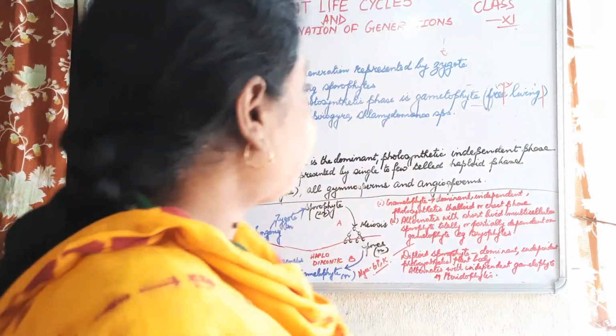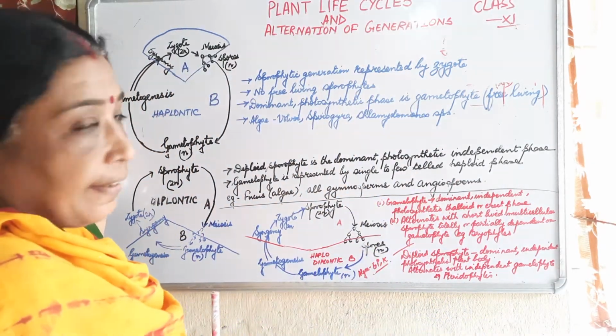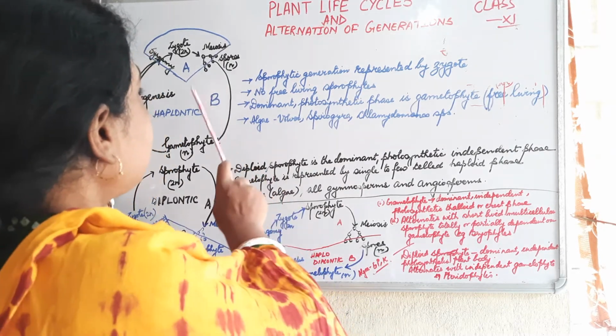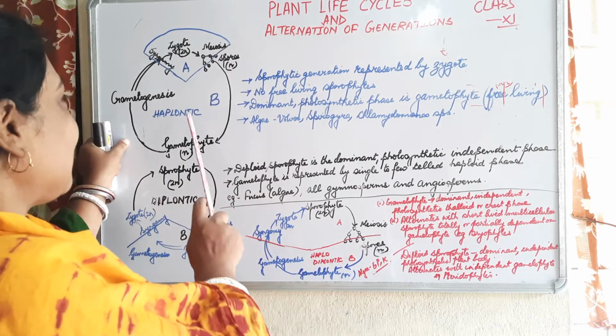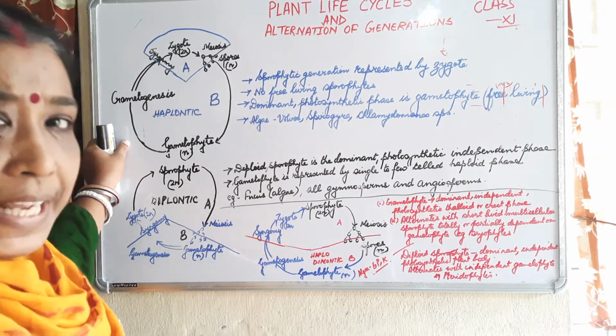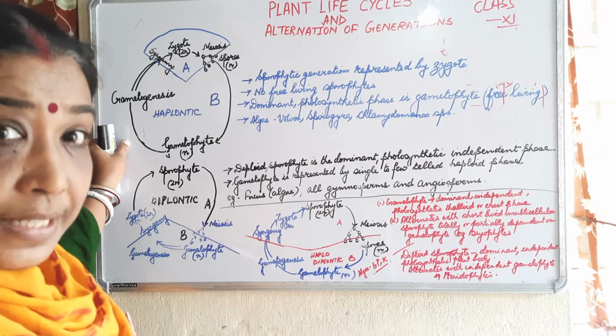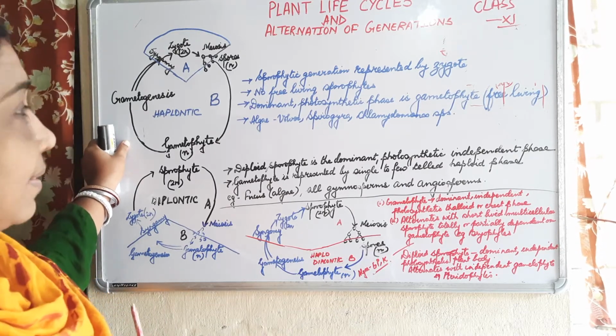So let's see. First, I hope that everything is visible to you all. First, you see this is the haplontic life cycle. What have I told you all? Listen carefully and understand.